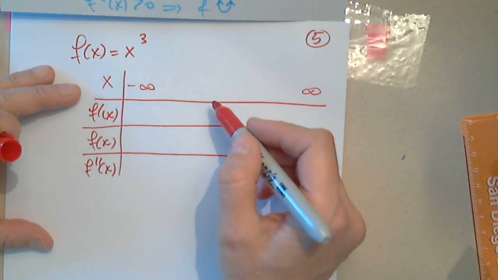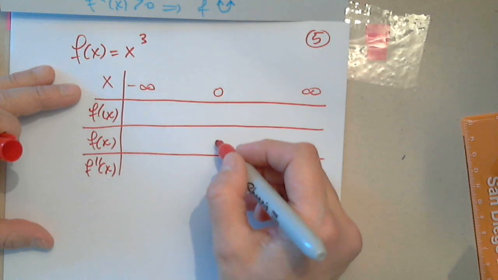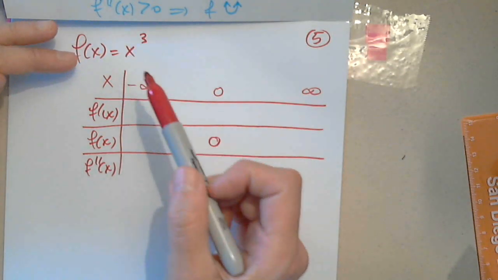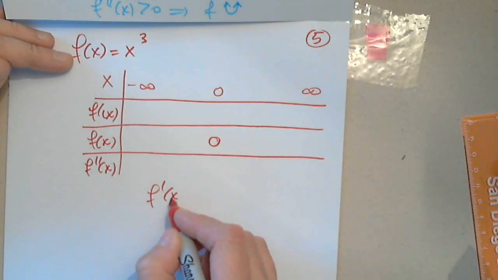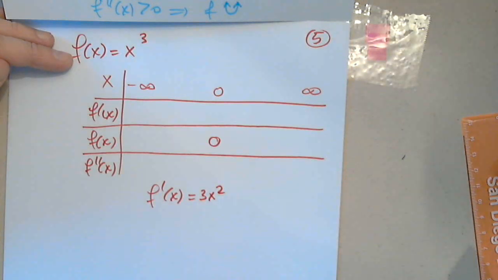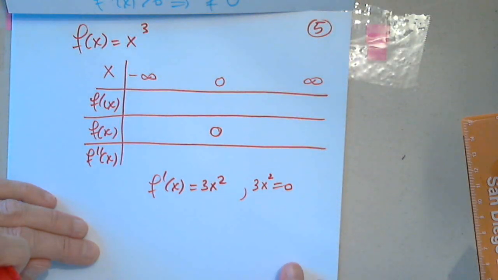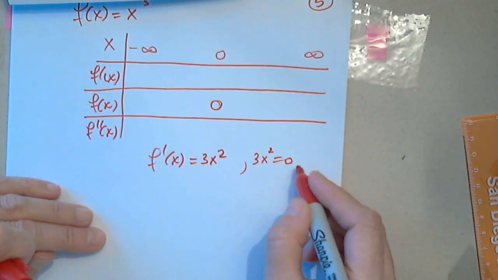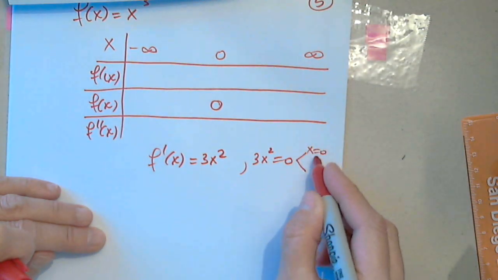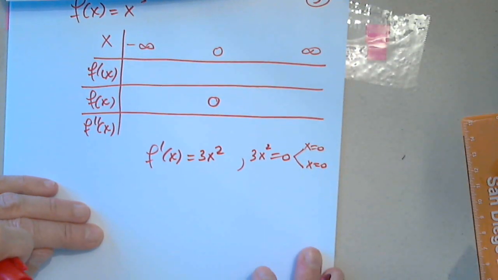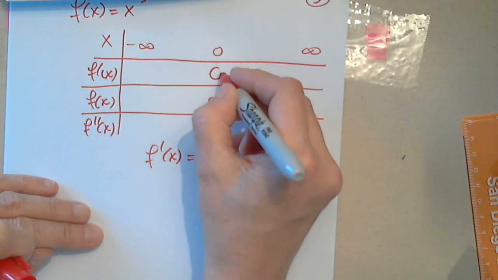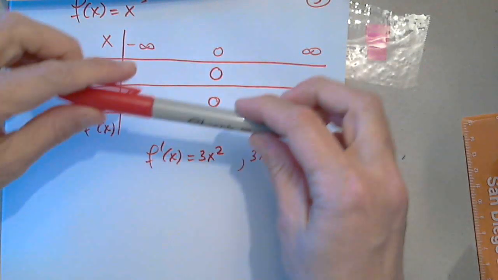So I know that when x is 0, the function will be 0. We know that, right? So we determine the first derivative as 3x squared. We set 3x squared equal to 0. We get basically two solutions and both are 0. So it's 0. And now I need to study the sign of the derivative.